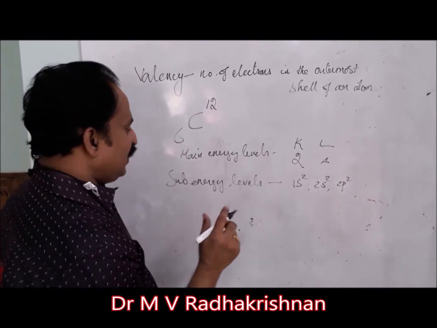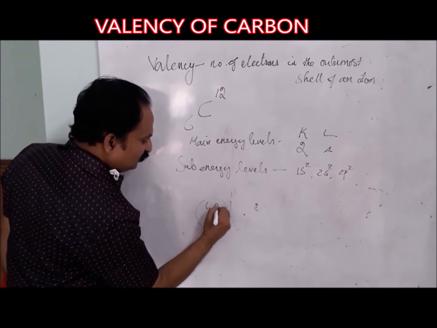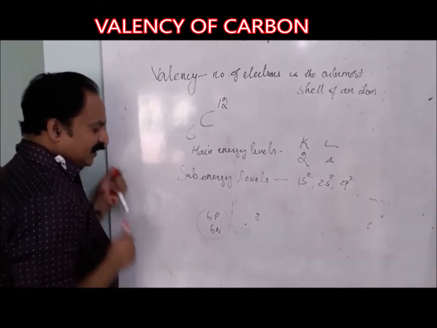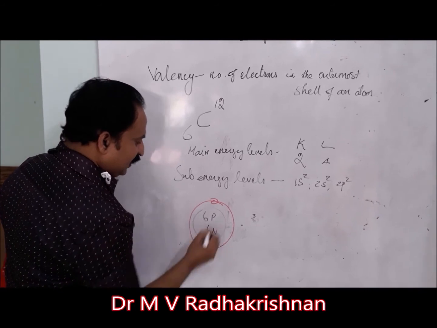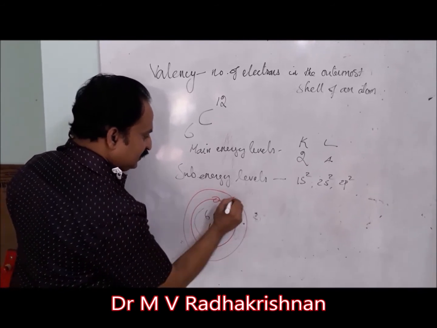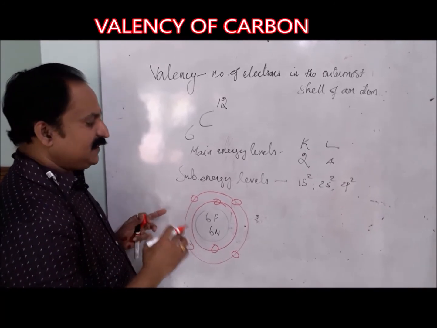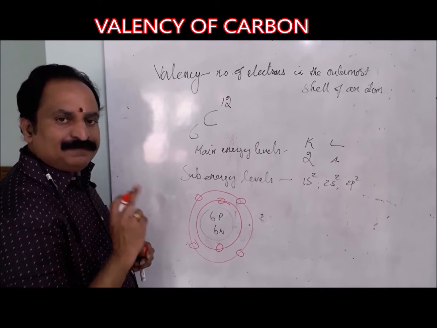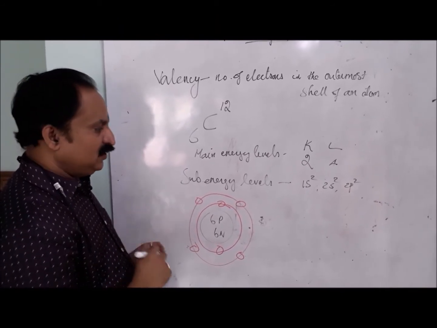The carbon atom has a nucleus with 6 protons and 6 neutrons, the K shell with 2 electrons, and the L shell with 4 electrons.